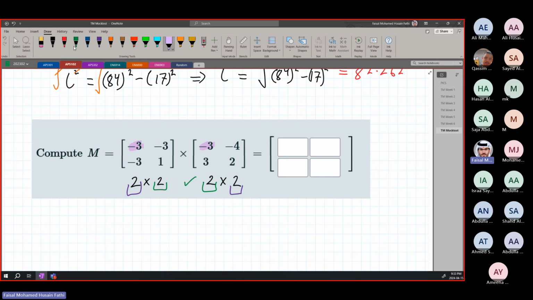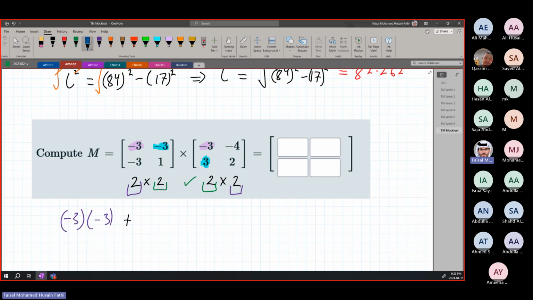Then you multiply these two, minus 3 and 3, and add them up.